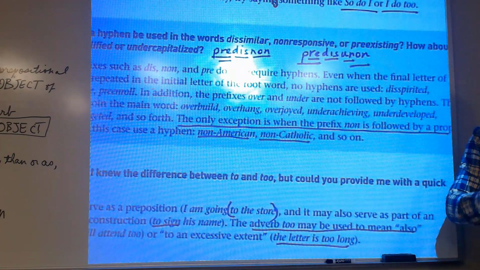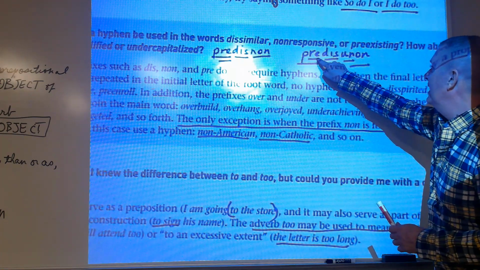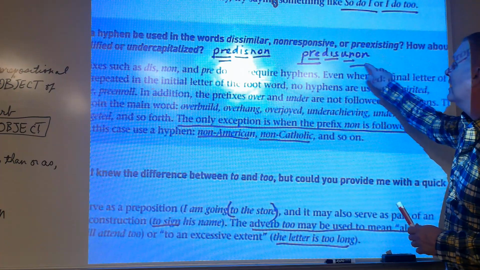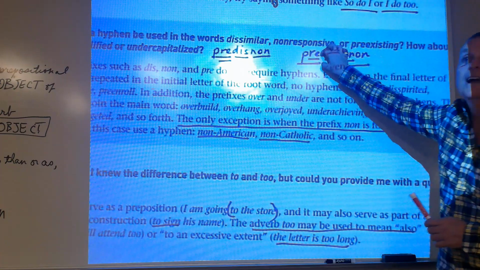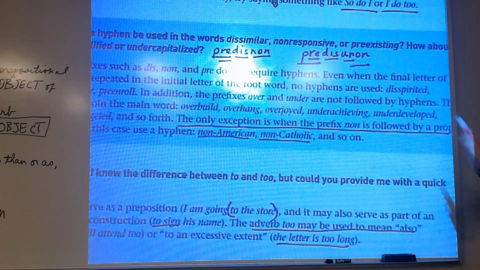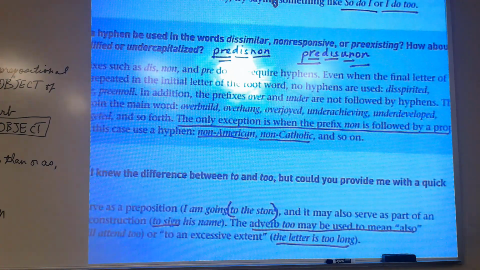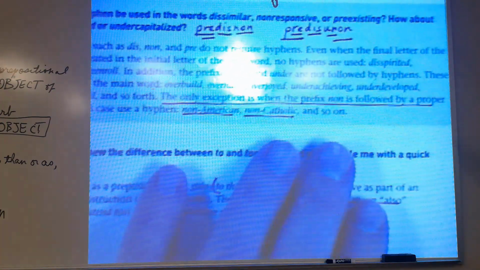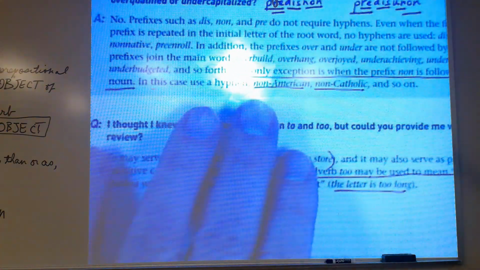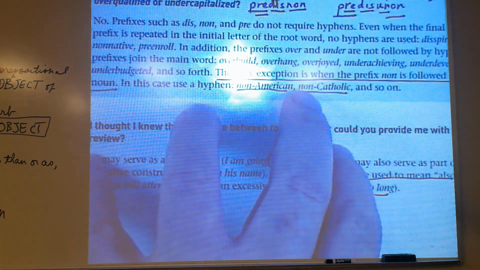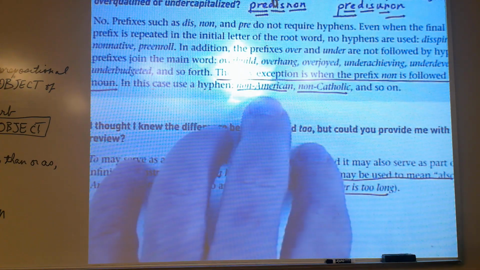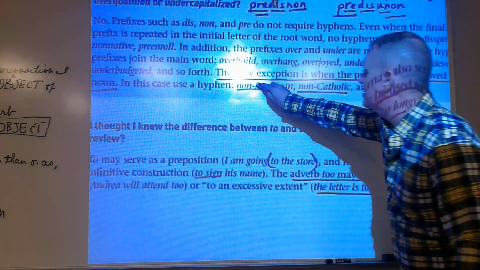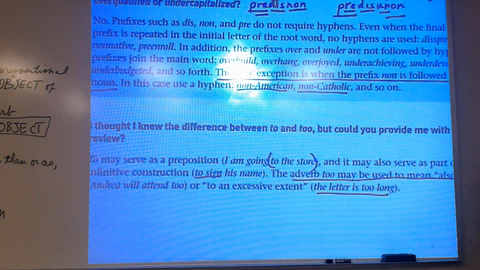Predissonant is my new word. So pre, re, dis, un, and non. None of those words should be hyphenated any longer. Predissonant. What does that mean? And I made it up. That's my little acronym there. The exception is whenever the prefix non is followed by a proper noun, like non-American, non-Catholic, then you'll hyphenate it, especially if it's capitalized, to offset it.